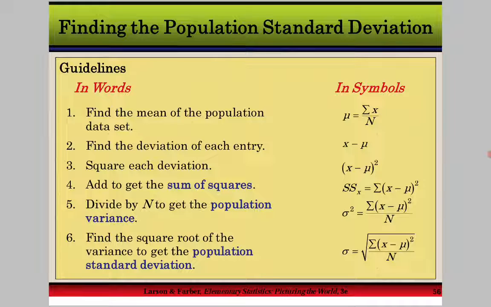In the fifth step, divide by capital N to get the variance, that is sigma squared, equal to sum of x minus mu whole square by capital N. Then find the square root of the variance to get the population standard deviation. So standard deviation is equal to the square root of sigma of x minus mu whole square by capital N.